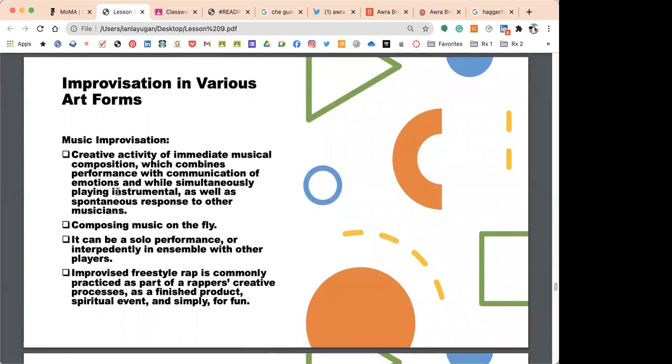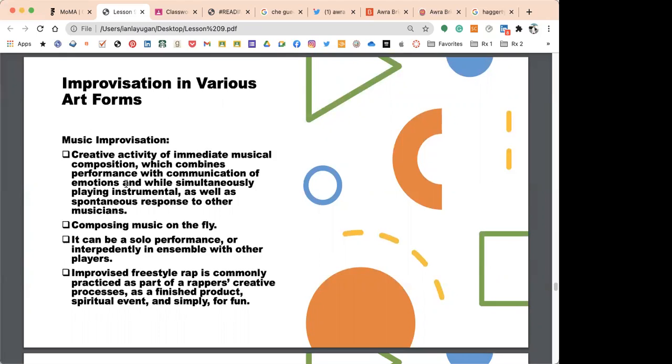All right, so in music, it is the creative activity of immediate musical composition, which combines performance with communication of emotions, while simultaneously playing instruments, as well as spontaneous response to other musicians. Composing music on the fly. For example, Taylor Swift, because I've been using her as an example, lets us in on her creative process, her improv, by sharing to us her voice memos.